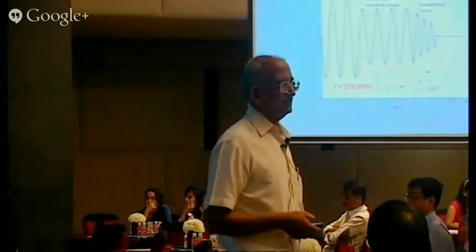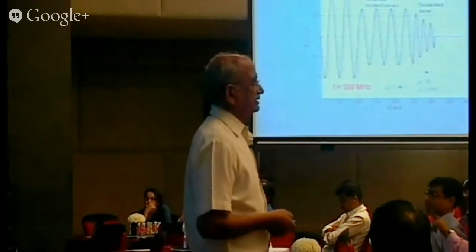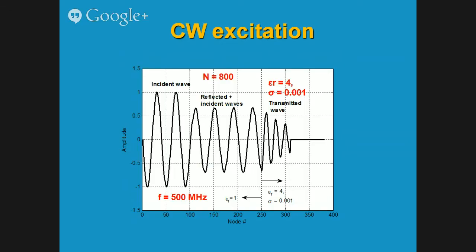Similarly, if the same grid is excited with CW excitation, on the left side we have the incident wave. This CW is at 500 megahertz, shown at n equal to 800 time steps. This wave propagates, and as it reaches the interface, it gets reflected. In the middle portion you have the reflected wave plus the incident wave, which is why the standing wave is there.